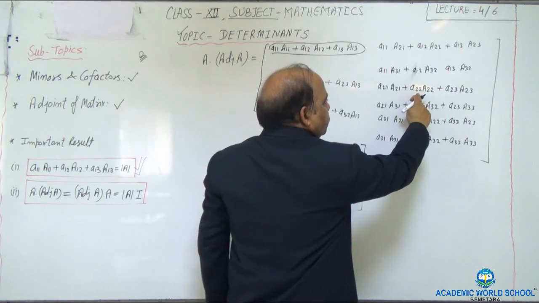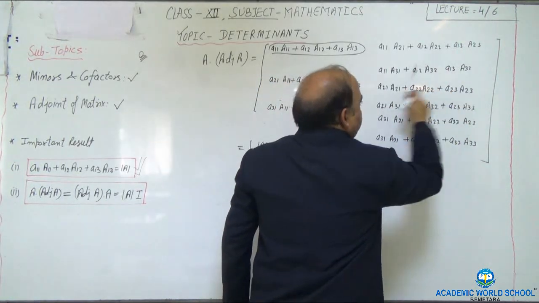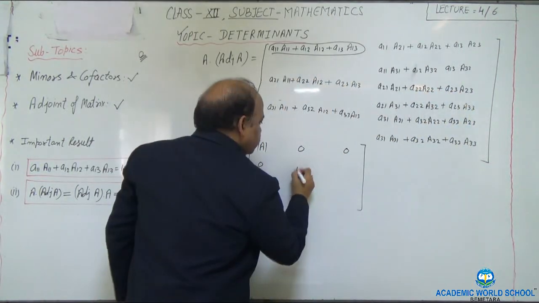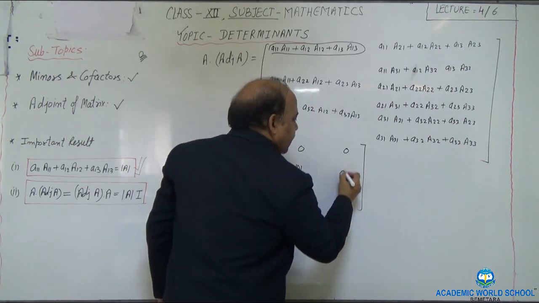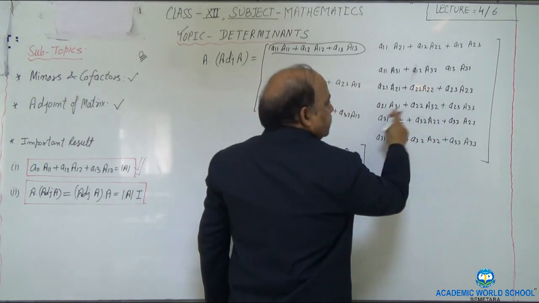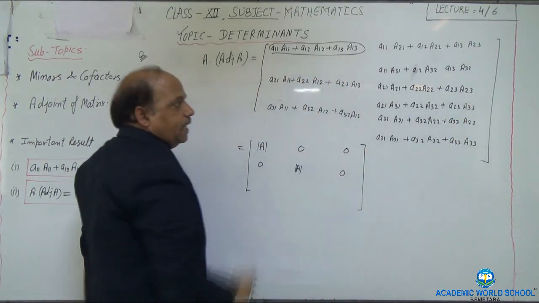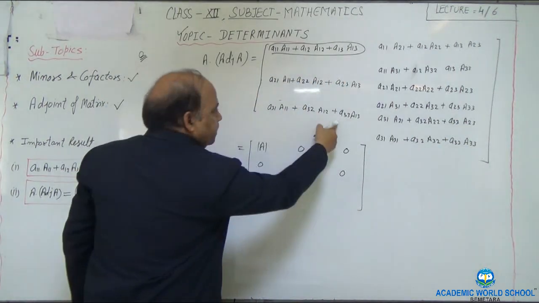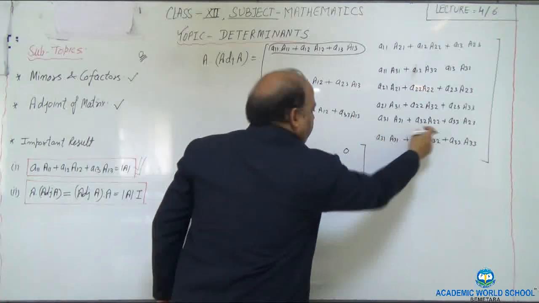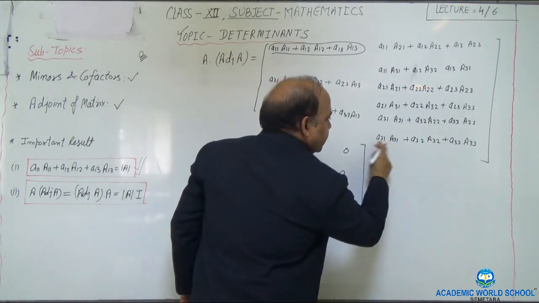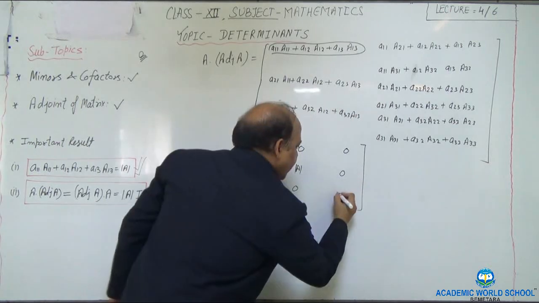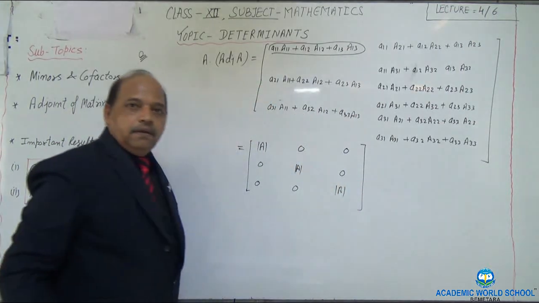A21, A21, A22, A22, A23, A23 will give you the value of determinant, so you are getting determinant A. Again, this is also 0 because cofactors and elements are different, and therefore that value will be 0. Similarly, this is also 0, and here you see that all are the same, therefore you are getting determinant A.